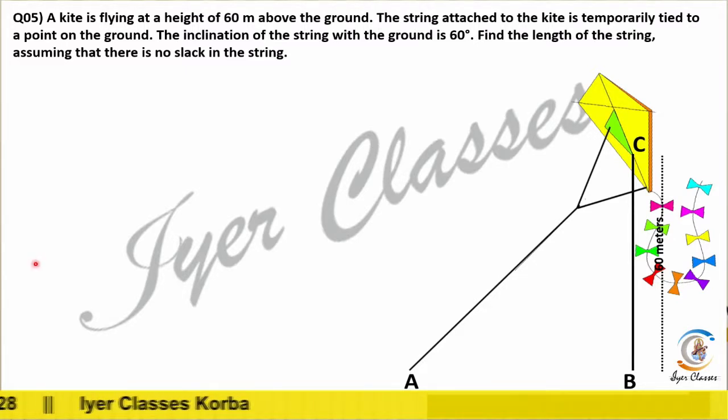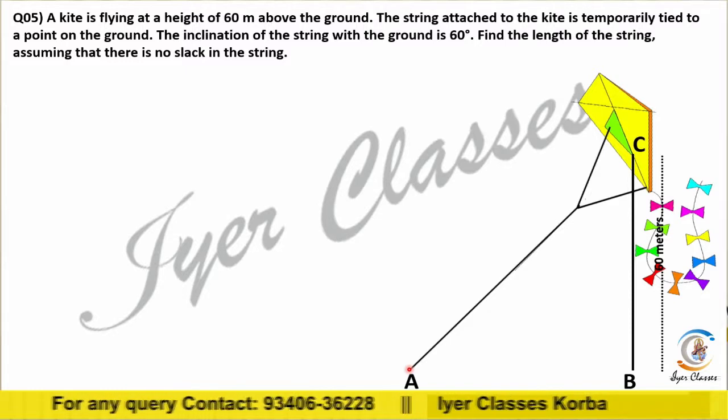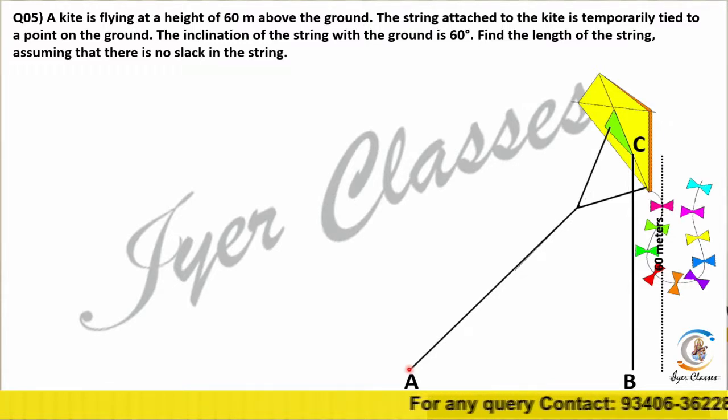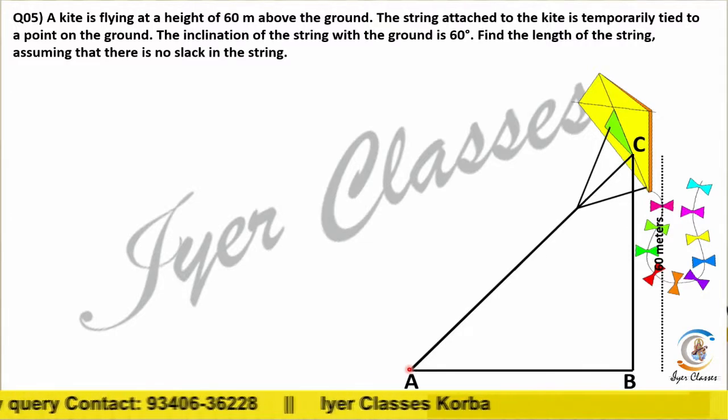Now, this kite is tied to the ground at point A with a string, right? You are supposed to find out the length of the string. For this, you are going to use simple trigonometry. So, find a right angle triangle.